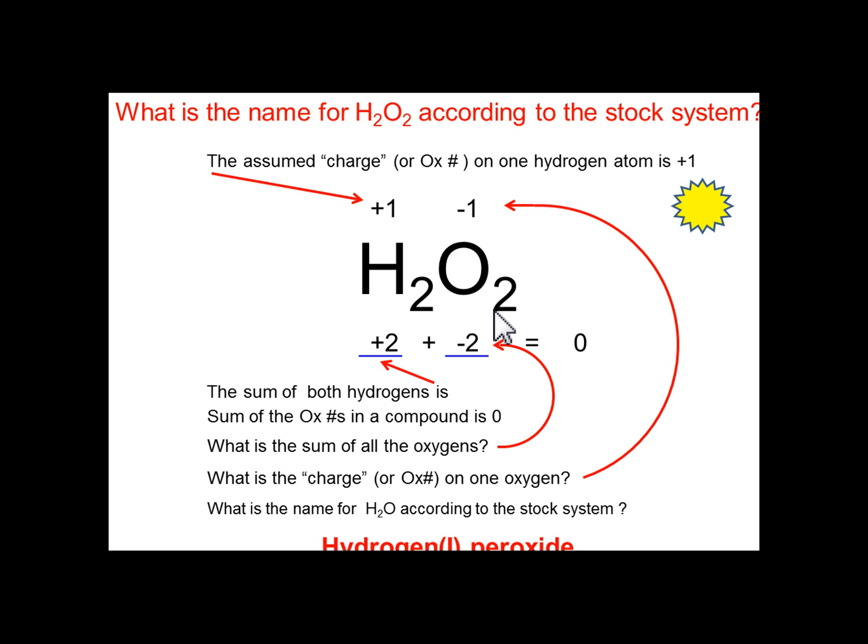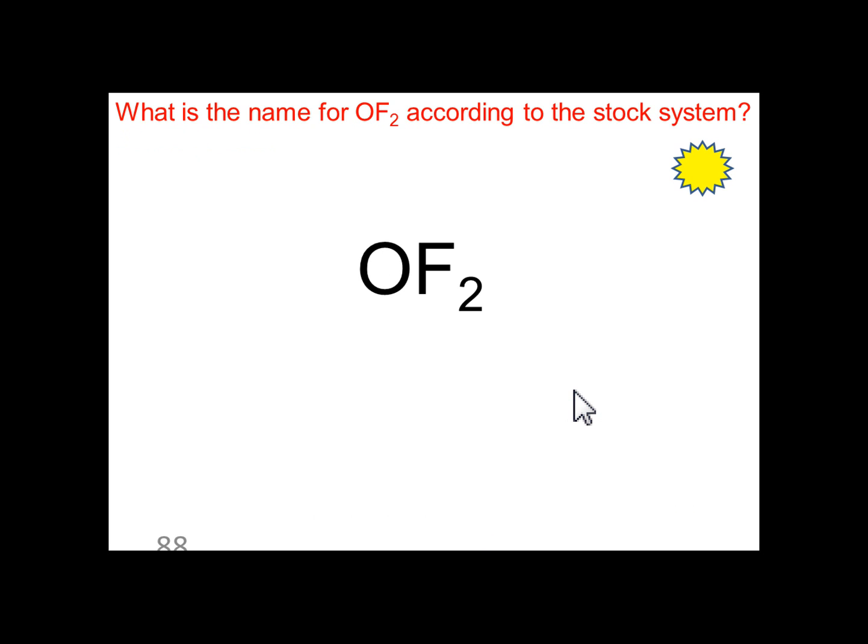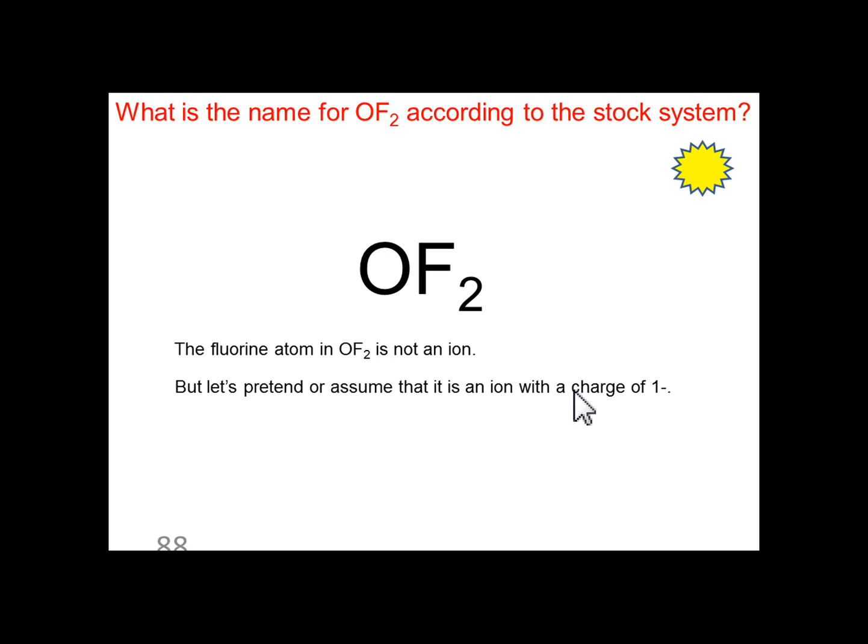This O2 is peroxide. Okay, so oxygen almost always has an oxidation state of -2, except in peroxides like H2O2, where its oxidation number is -1. And in compounds like OF2, when oxygen combines with fluorine, its oxidation number is +2. So here's this example.